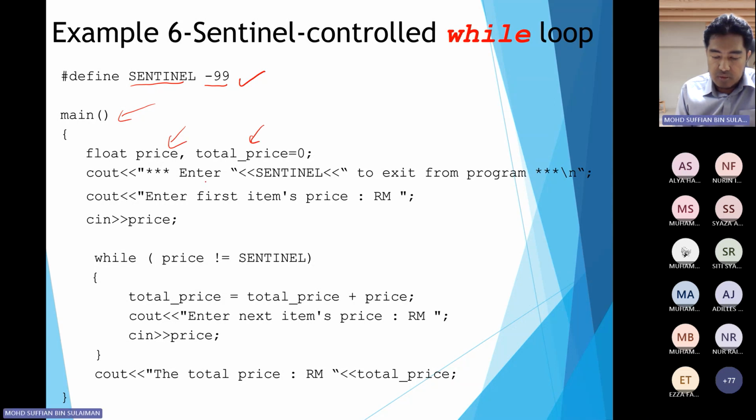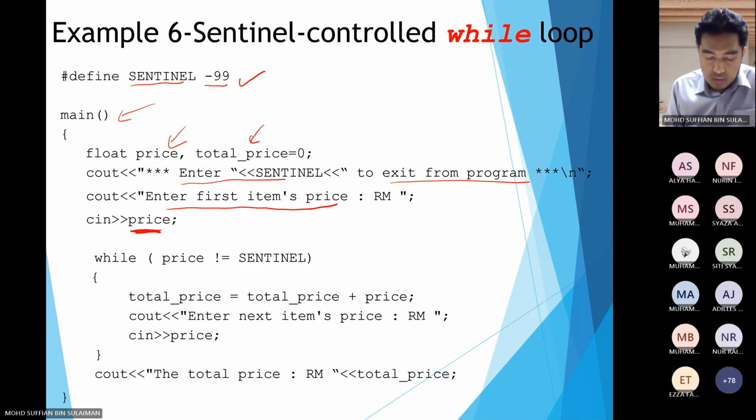We prompt the user to enter the sentinel to exit the program, and then ask the user to enter the first item price, which goes into the variable price. Then while price is not equal to sentinel, we accumulate total price equal to total price plus price, and then ask the user again to enter the next item price.